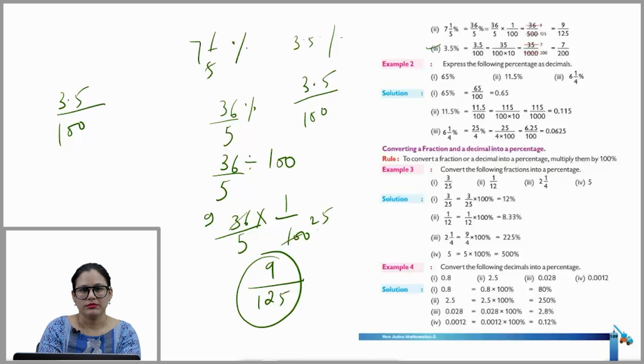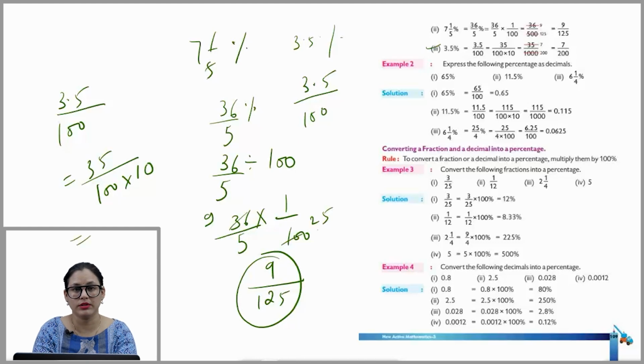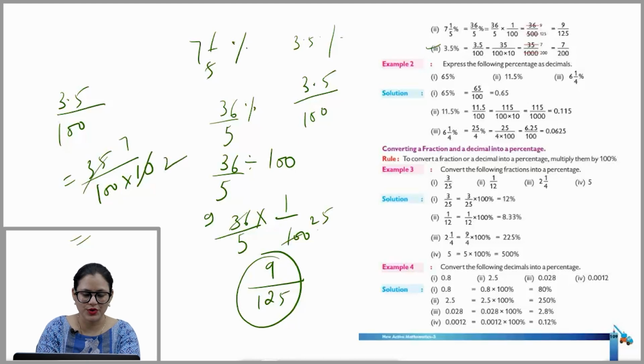We will see there is one decimal place, so what will we do? 35 by 100 into, we will divide this by 10. Now you can change it into lowest terms also. 5 2s are 10, 5 7s are 35. So 7 by 200 is the fraction, right?